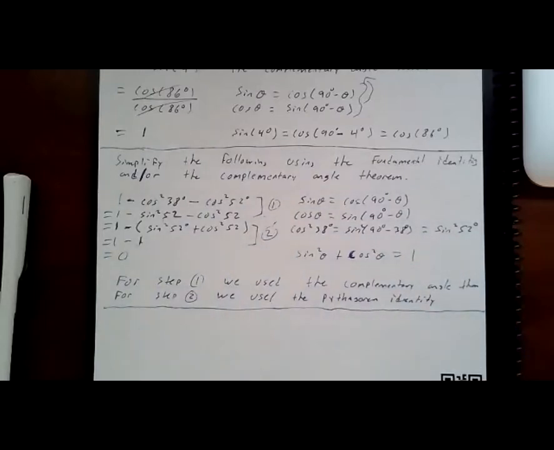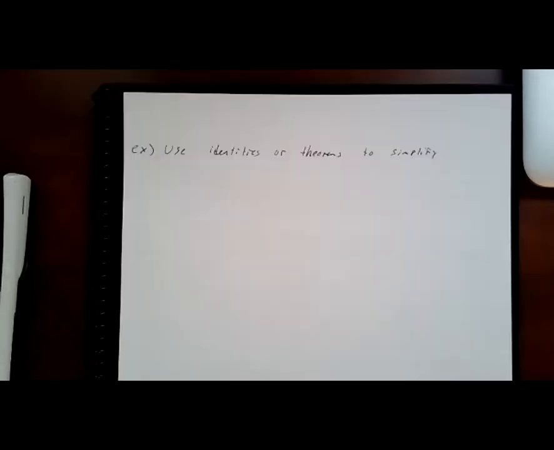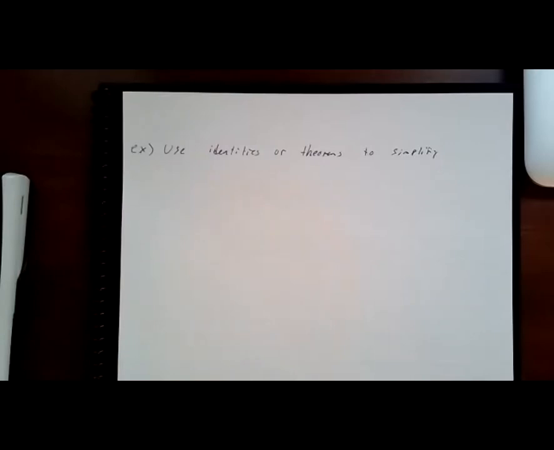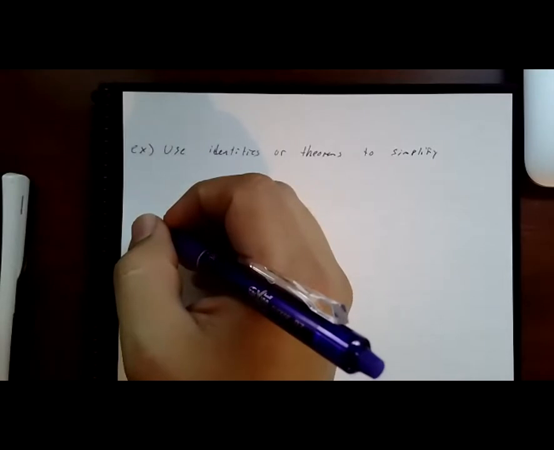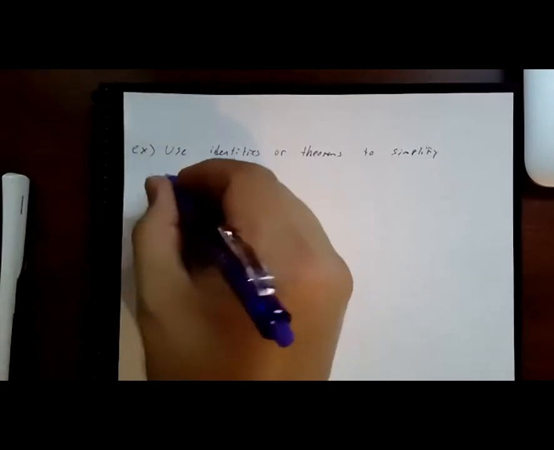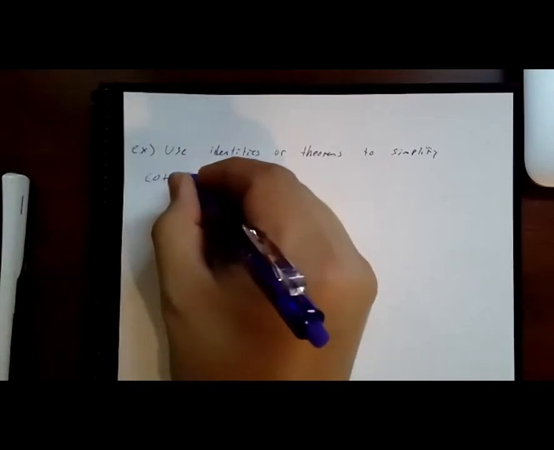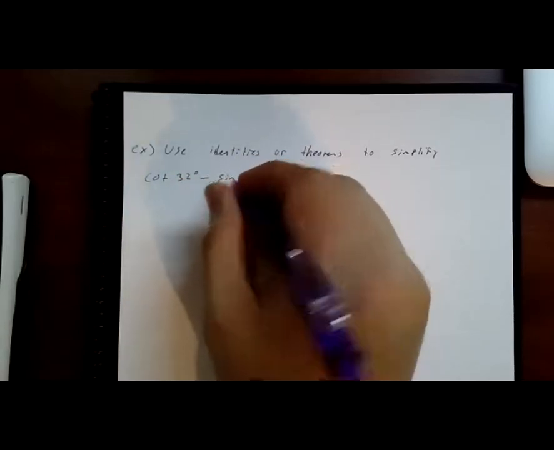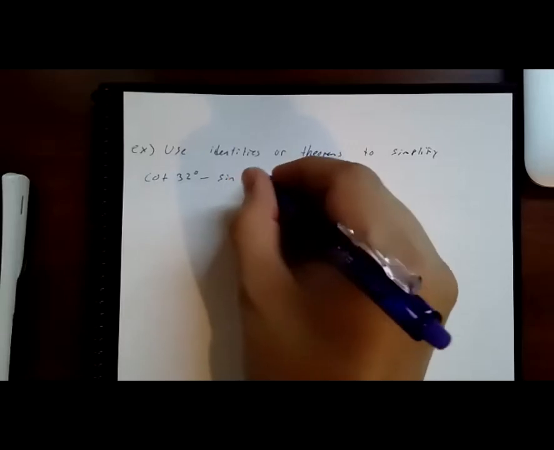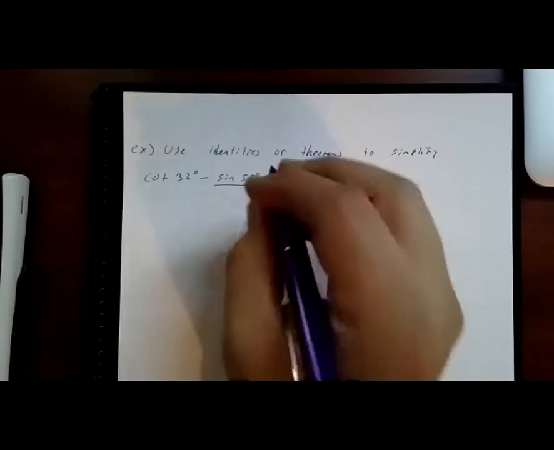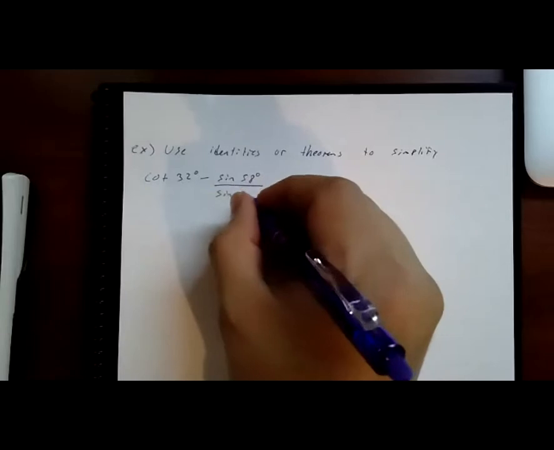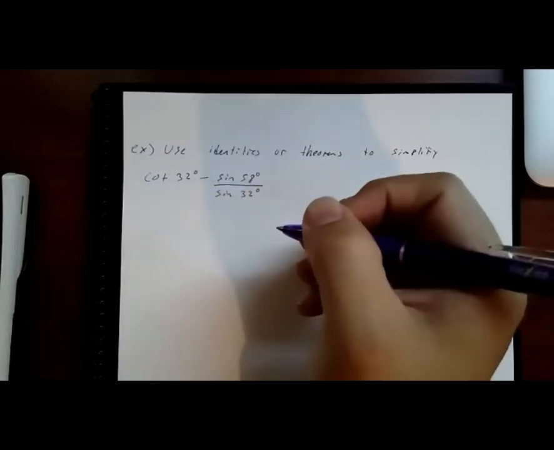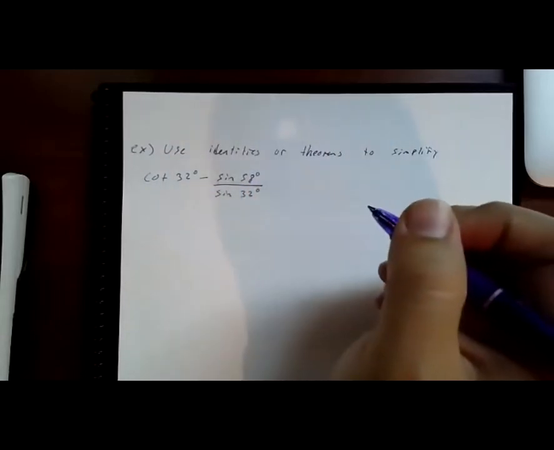I don't know, this might be a dumb question. Okay. So here's a random question. Let me pick this guy. Cotangent of 32 degrees minus sine of 58 degrees over sine of 32 degrees. Okay.